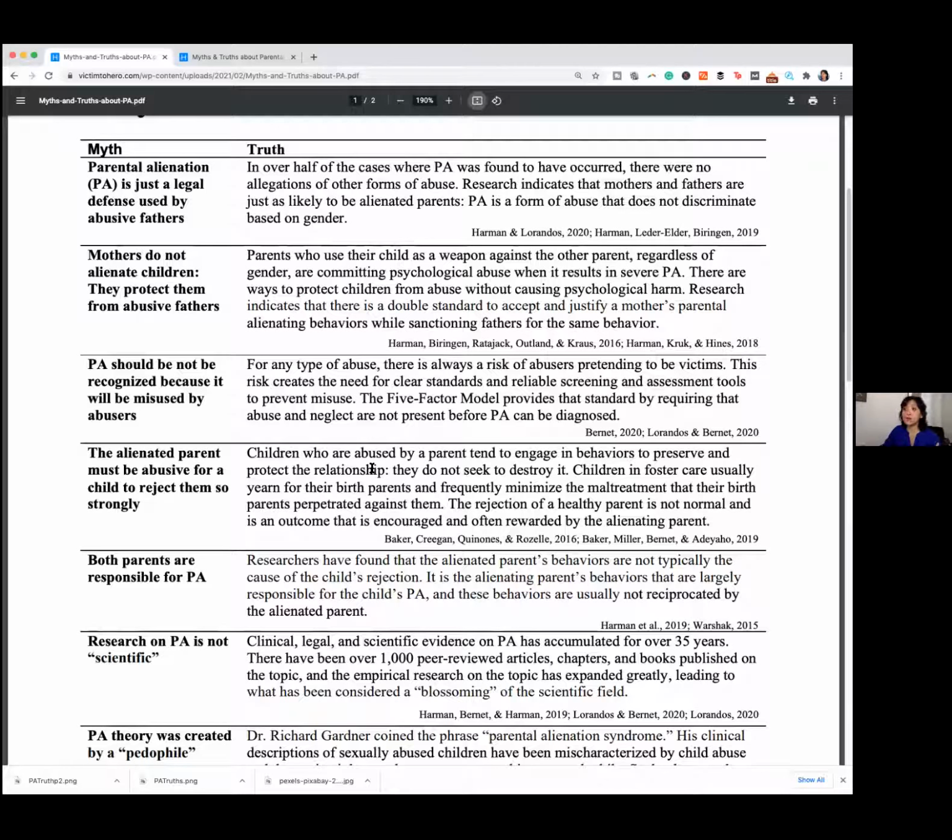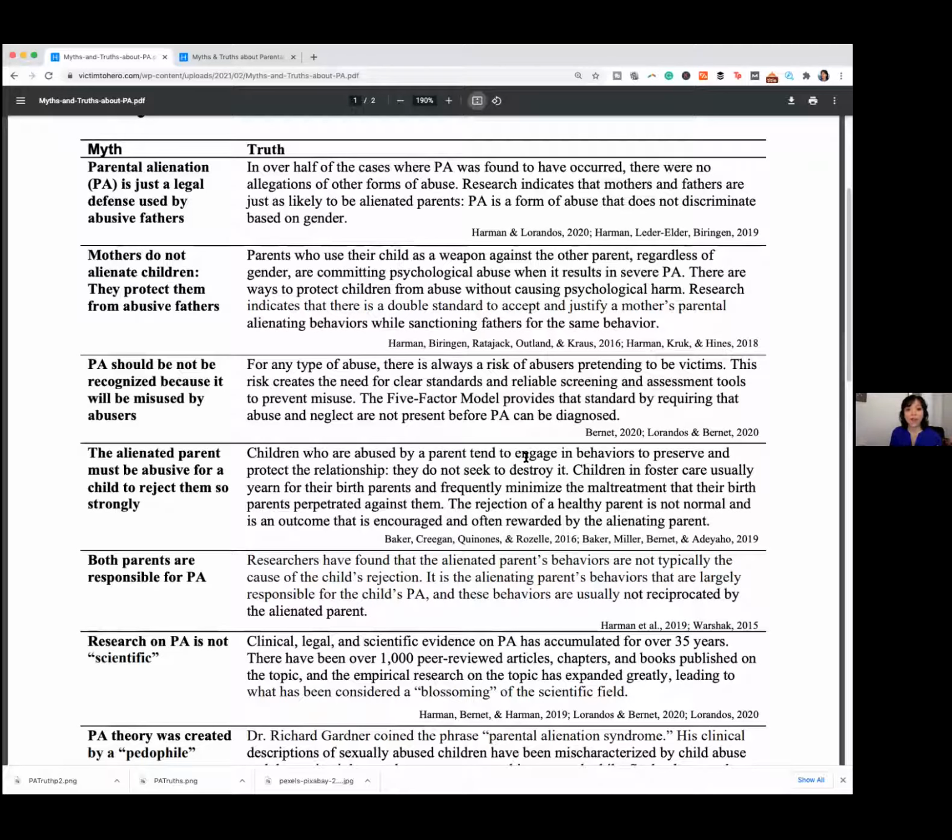So let's look at the explanation here. Children who are abused by a parent tend to engage in behaviors to preserve and protect the relationship. They do not seek to destroy it. This is counterintuitive, because if you see a child reject a parent, it's unlikely that the child is actually a victim of abuse by that parent. Usually the child will engage in what they call trauma bonding, sometimes called Stockholm syndrome.